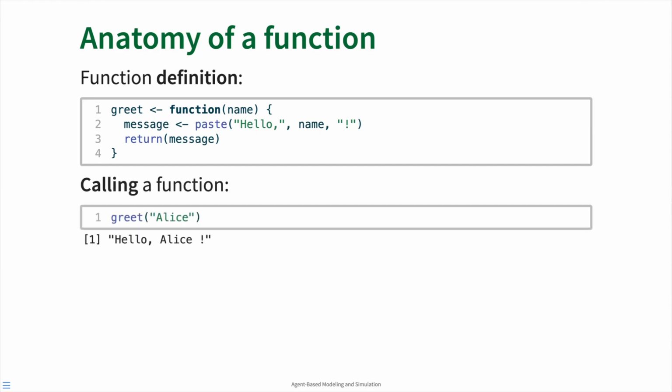Then when we wish to use the function, we say that we call the function. And this is what we are most familiar with. We use the function name immediately followed by parentheses with whatever input arguments we wish to provide to specify how the function should be run in this particular instance.